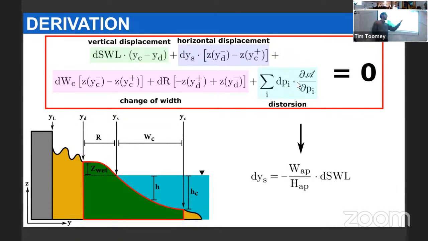Birkemeier and Hallermeier are formulations that give you the closure depth that is consistent with waves that occur only, so waves that are stronger 12 hours in the whole year. They did so because this way you could consider more or less the whole profile, but sometimes it's smaller.